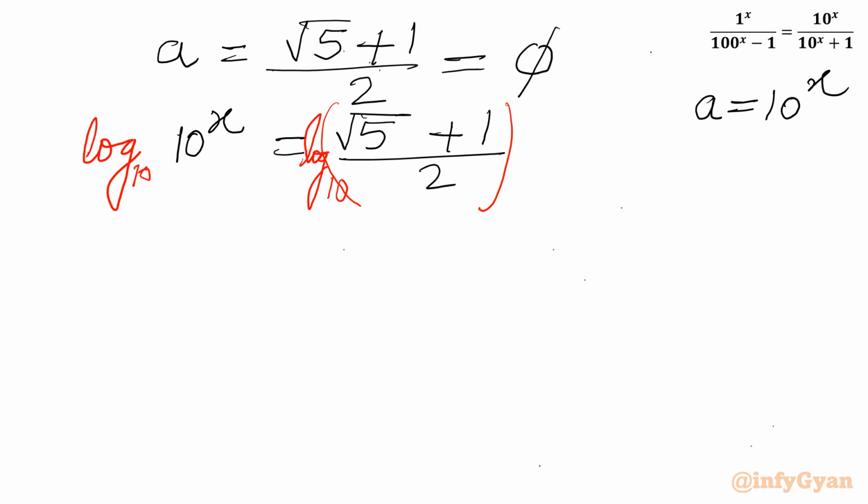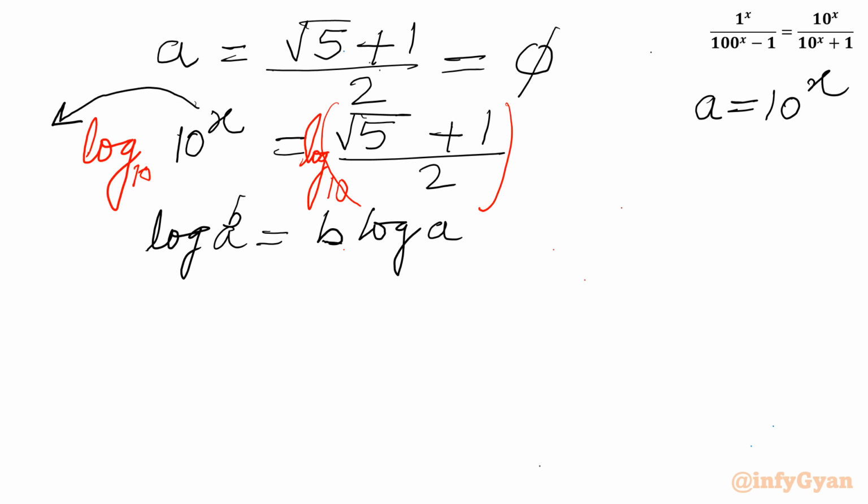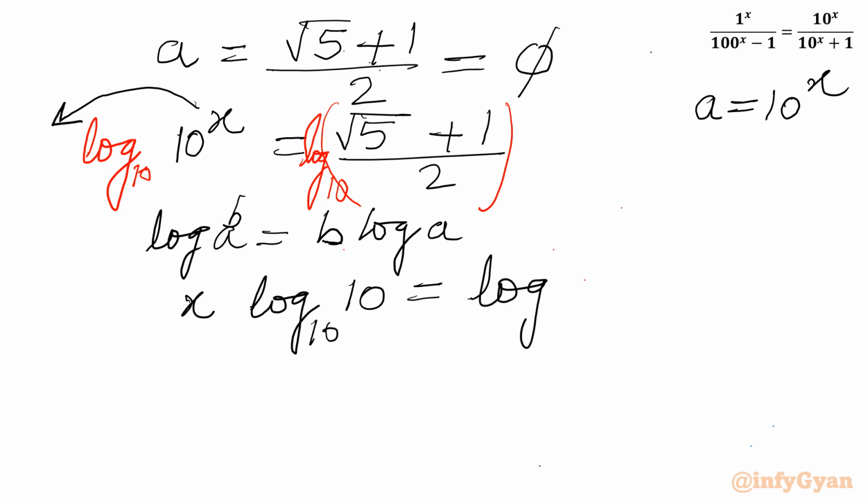Now I will use one log property. It is log a power b, we can write b log a. So this x will come down as a multiplier. So I can write x log 10 with base 10, and the right-hand side will be log of root 5 plus 1 over 2 with base 10.